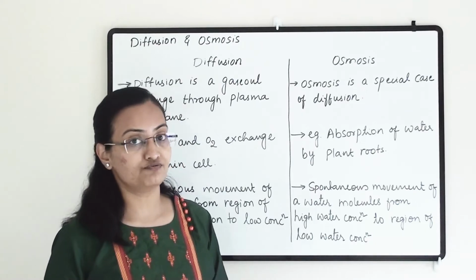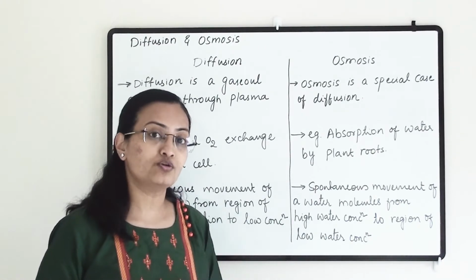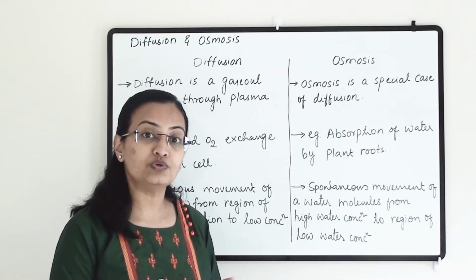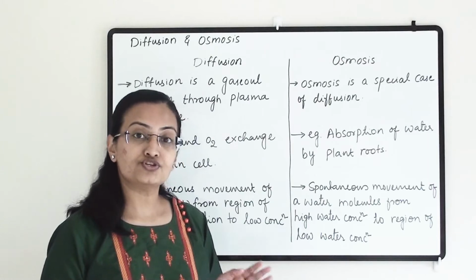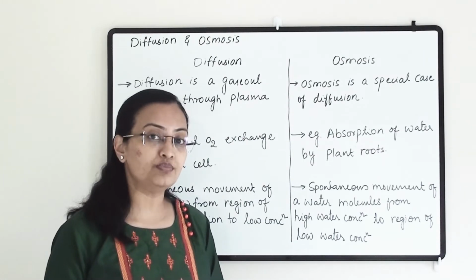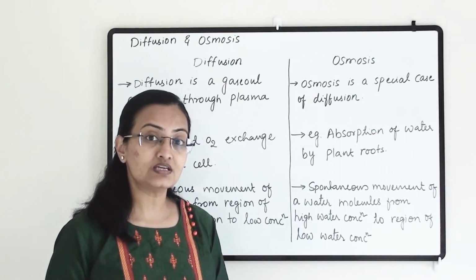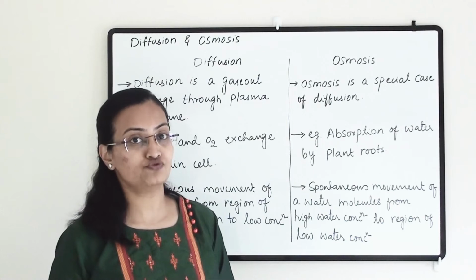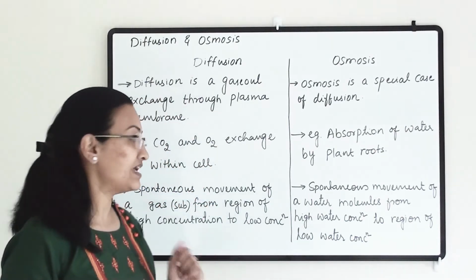When the same thing happens with water molecules, that water molecules travel across the semi-permeable membrane from a high water concentration region to a low water concentration region until equilibrium is reached, that is known as osmosis. So osmosis is a special case of diffusion, and both are very important at cell level.